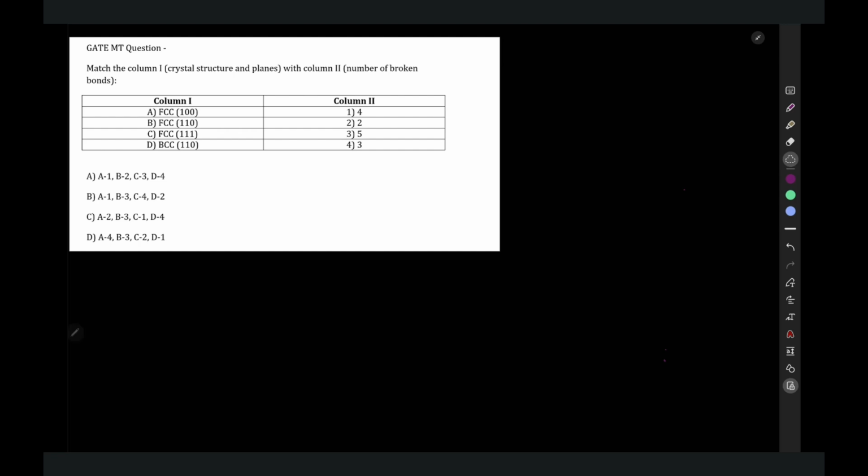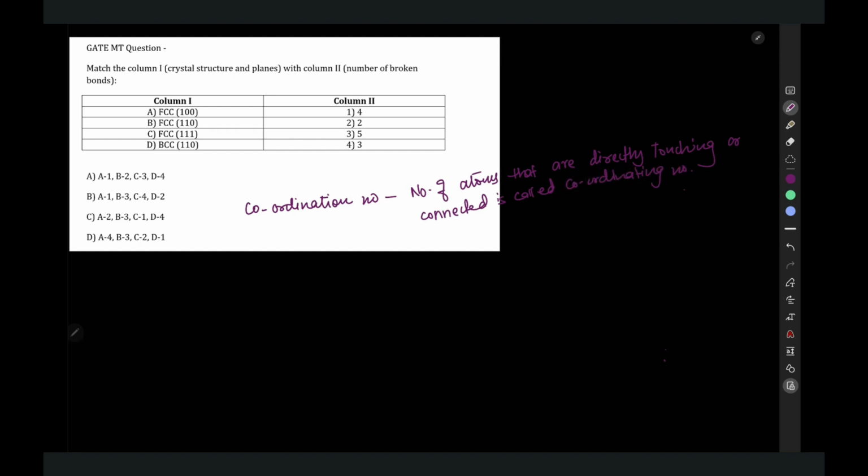What is coordination number? Coordination number is the number of atoms that are directly touching or connected. Now we will understand this with the help of a diagram.